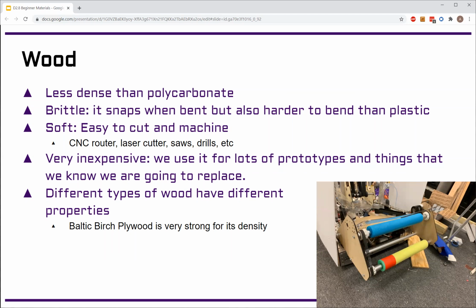It is more expensive, but it allows it to be far stronger, and it's really good in bending strength. So we'll use it as the belly pan of our robot, the part that connects the frame and where we mount a lot of electronics to, because it's very low density and it allows the whole frame to be very rigid, since the wood doesn't want to bend at all.